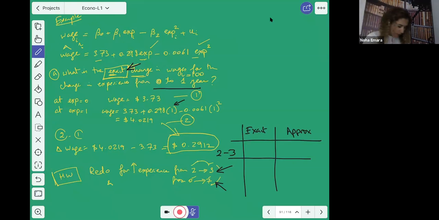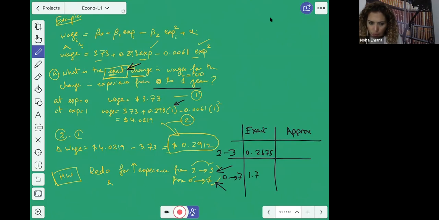Okay. What about Dan? What did you get? So from 2 to 3, I have the exact as 0.2675. And from 0 to 7, I have, as Dan got it, 1 point 7871.